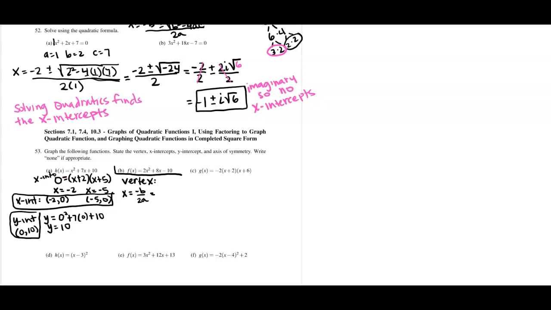And so on here, that's negative 7 on the top, and then 2 times 1 on the bottom. So that's just 2. So it's negative 7/2 is part of my vertex. Remember, my vertex is going to be an ordered pair. So negative 7/2 is my x. Then to find my y, I need to plug that negative 7/2 into the equation that's given.